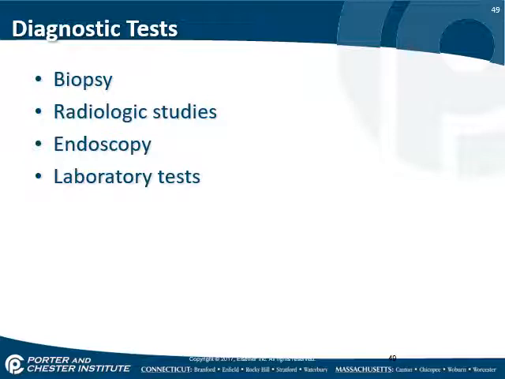Endoscopy or colonoscopy. Over the age of 50, it's recommended to have a colonoscopy yearly. An endoscopy is when the endoscope is taken and passed down the esophagus and into the stomach. And then there are laboratory tests that can be done.